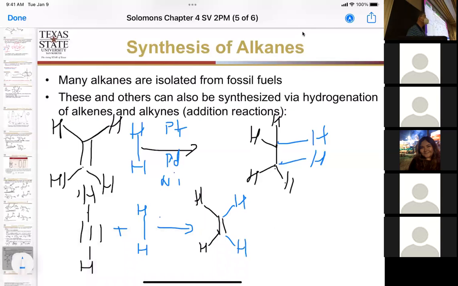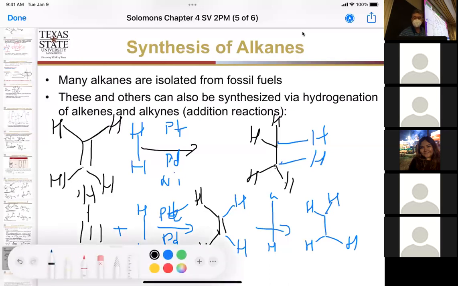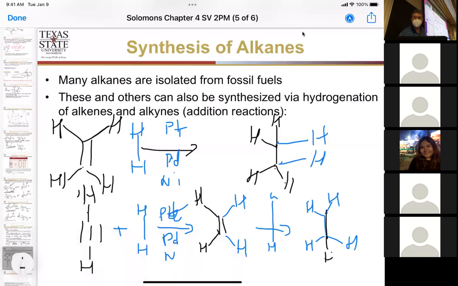Okay, but as we know, alkenes react with that same catalyst system, hydrogen with platinum, palladium, and nickel. We can do it again with another equivalent of hydrogen. And so we're going to end up with our hydrogen, hydrogen, hydrogen, hydrogen. And of course, we still have those original carbons and hydrogens from the original molecule.